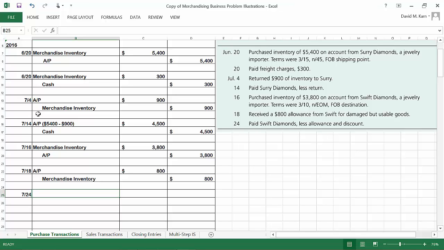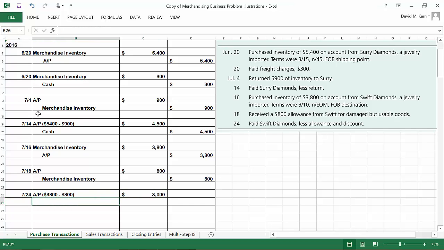So we know accounts payable is being paid off, and we know that it's always going to be paid off in full, whether we get a discount or not. So we have 3,800 was the full amount, minus the allowance of 800. So we know that in this case it's going to be paid off for 3,000.